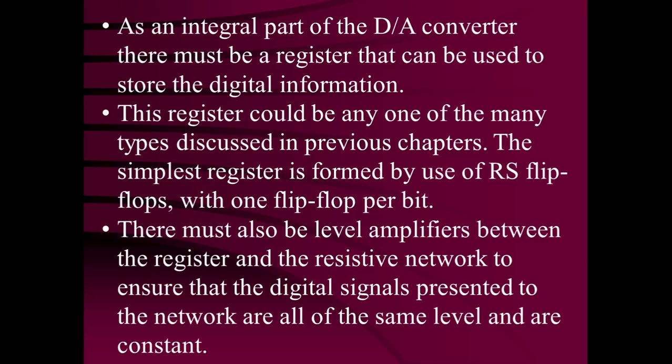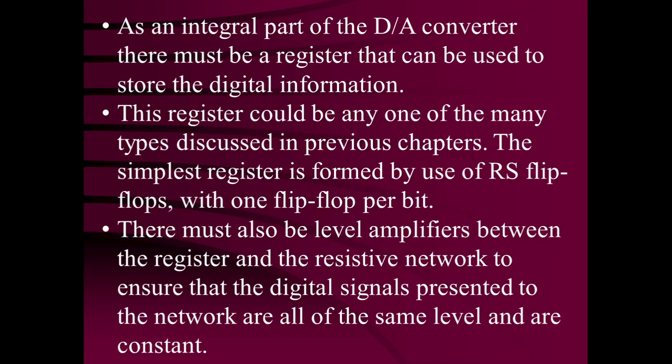And these registers are utilized as temporary storing devices. So this register is also an integral part of the D to A converter, because whatever digital information you have, that information has to be stored somewhere and after that it is going to be converted. So a shift register of such kind can be utilized in the form of RS flip flops.